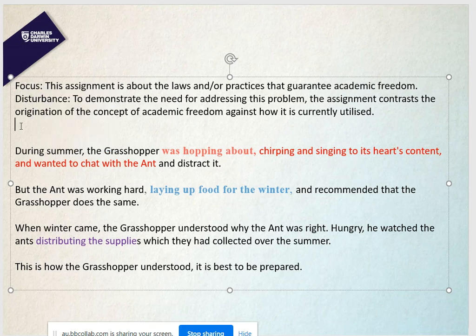Now let's have a look at the dialogue. So in the assignment, this is just a draft, right?